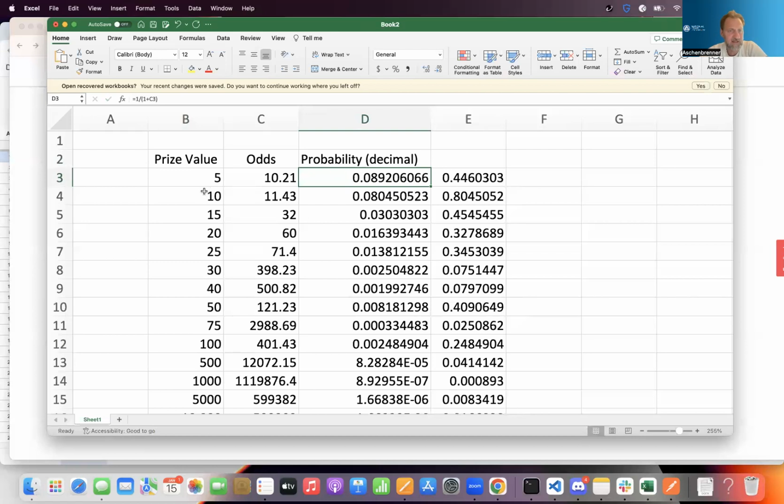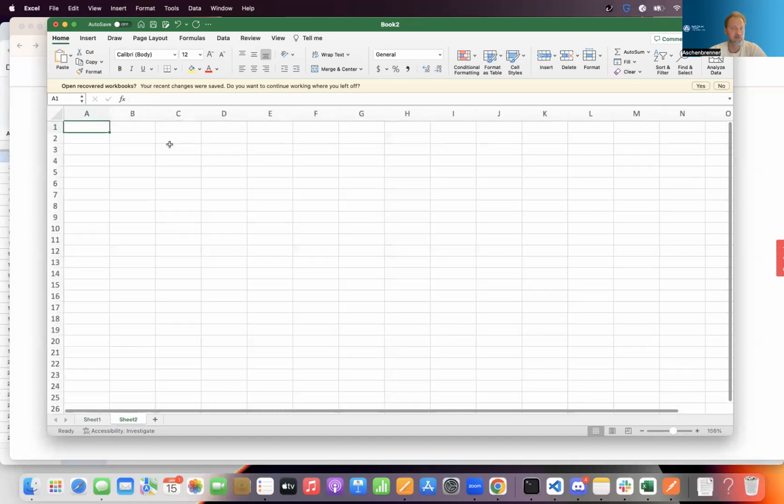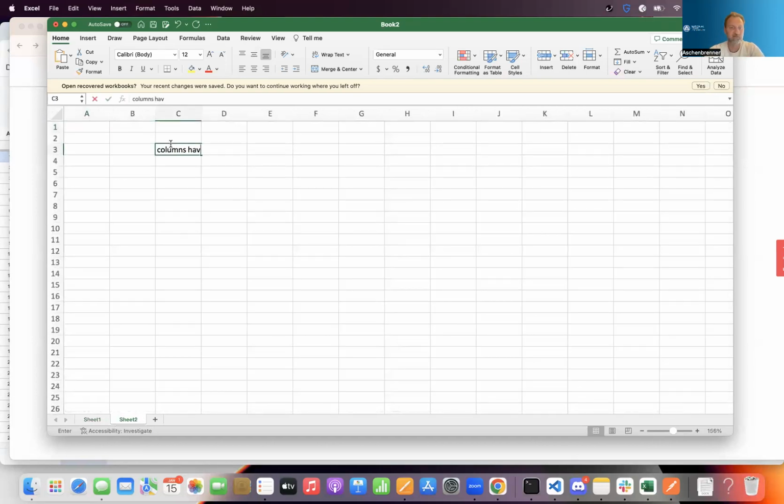So some basics about Excel, some vocabulary. You've got rows and columns. The columns have letter names. The rows have number identifiers.